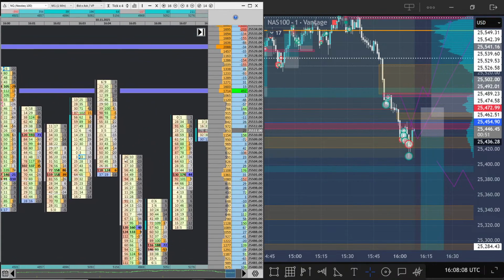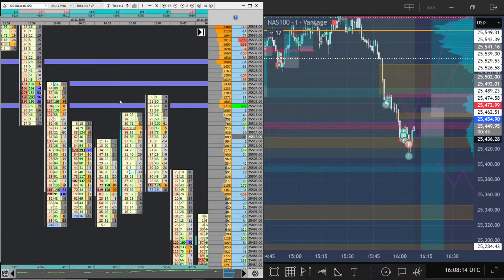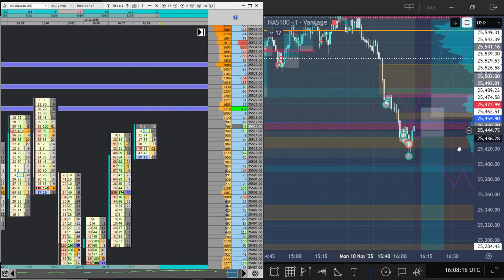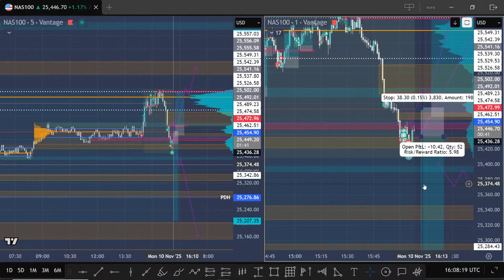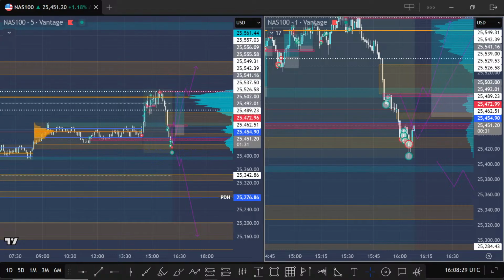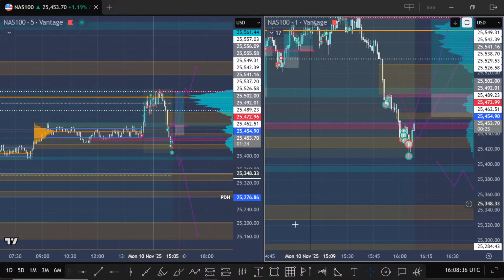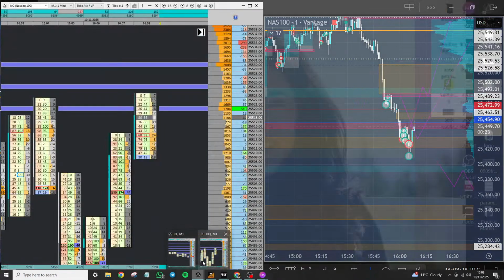Well, so there's this here, the top of this candle. I want to close through that, and not wick it, because of the imbalance.